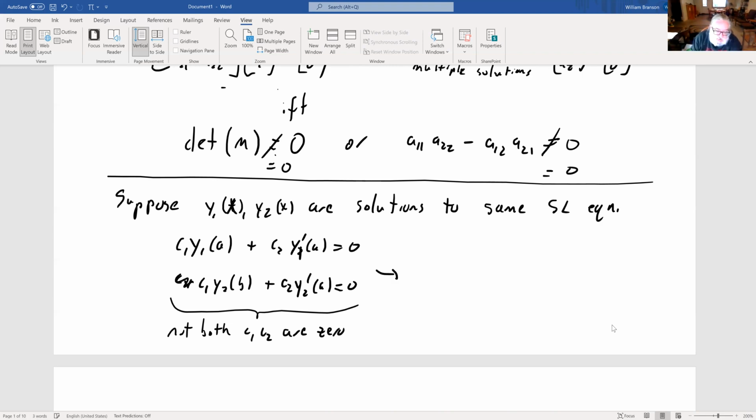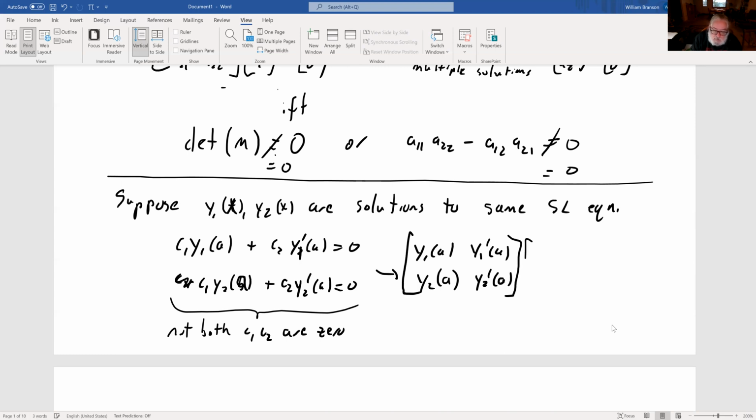So if we rewrite this as a matrix equation, we can write it with y1 of a, y1 prime of a, y2 of a, y2 prime of a, times c1, c2 equals 0, 0. Oh, I don't know why I put a b there. It's supposed to be an a. So what's that telling us?